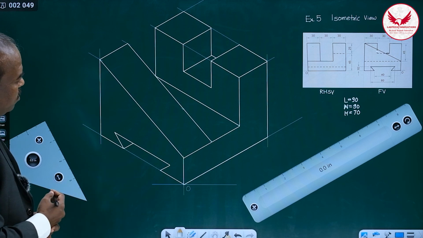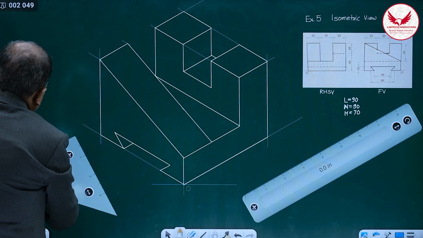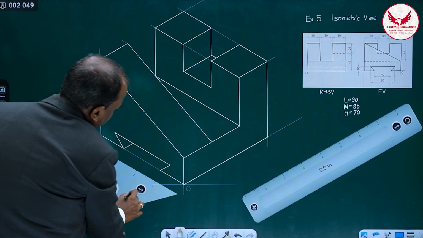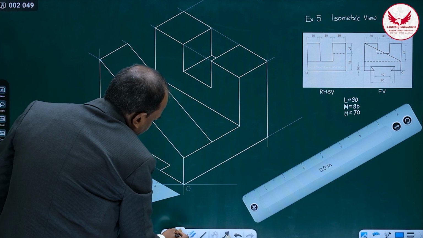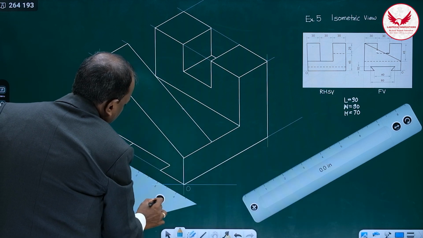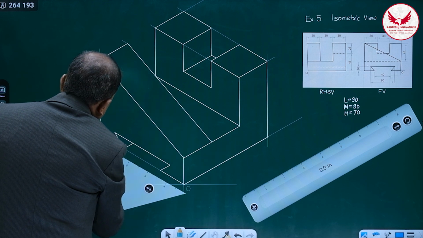So like this we have to draw, and finally it is always better to dimension also, and for the dimension use very light lines. How can you use them?